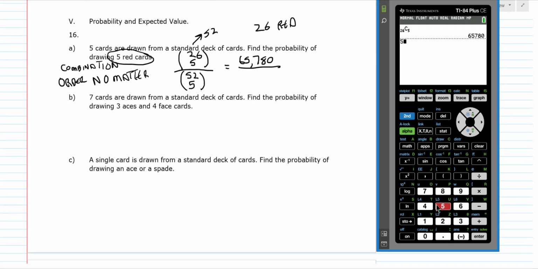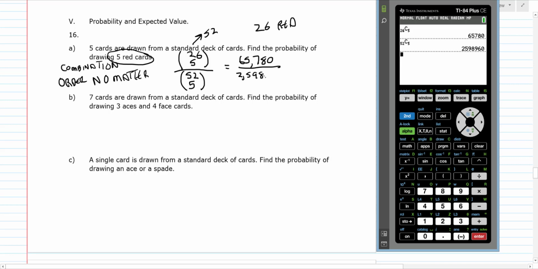Then I'm going to do 52 combination, 5 at a time. That will be all the possible ways to get 5 cards. That's a big number. So that is 2,598,960.